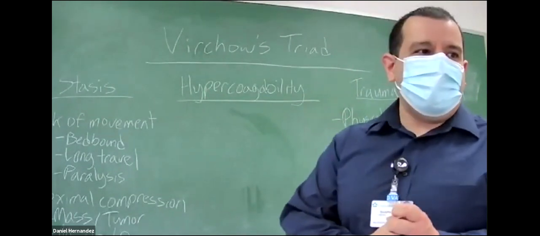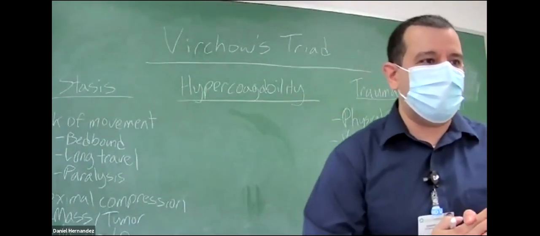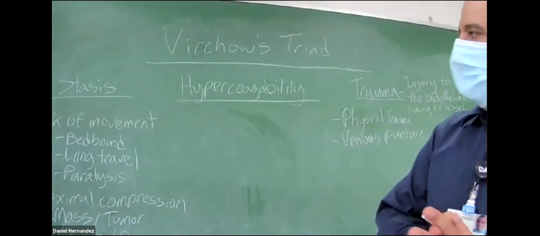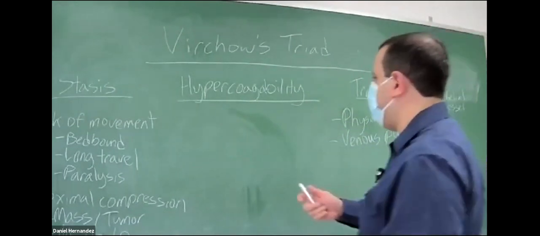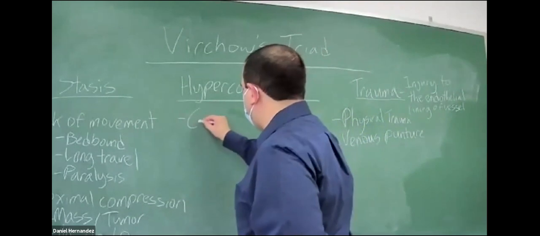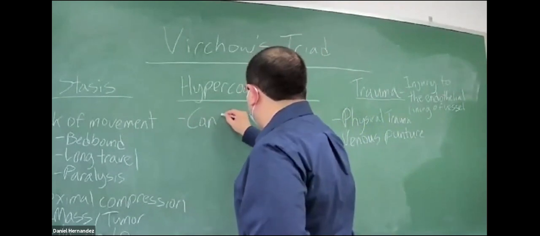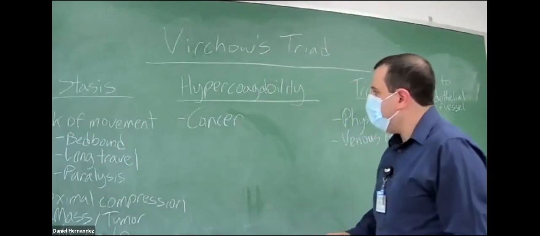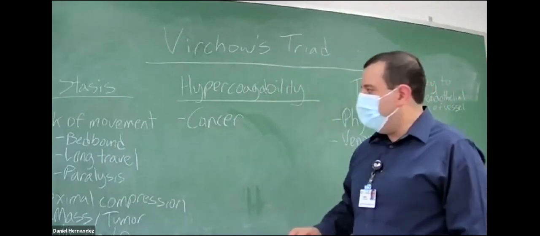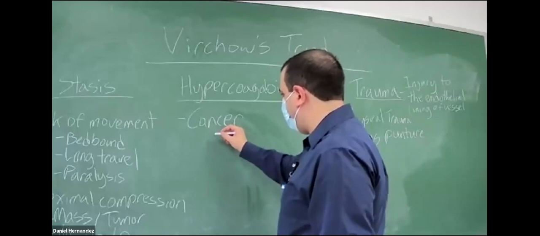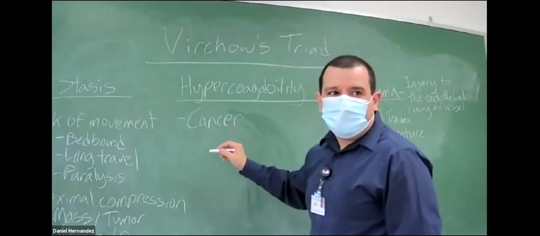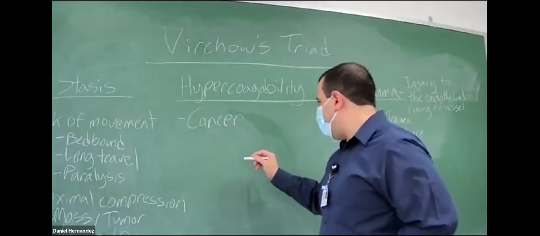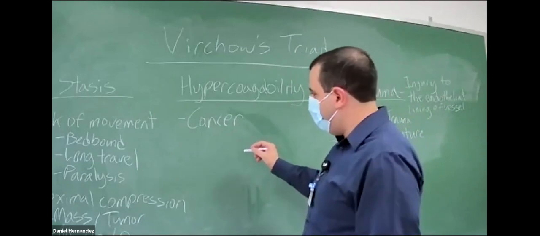There are a lot of different things that could put the body into a hypercoagulable state. Different medical conditions like certain types of cancers. So this is particularly cancers of the digestive system, like pancreatic cancer, esophageal cancer.